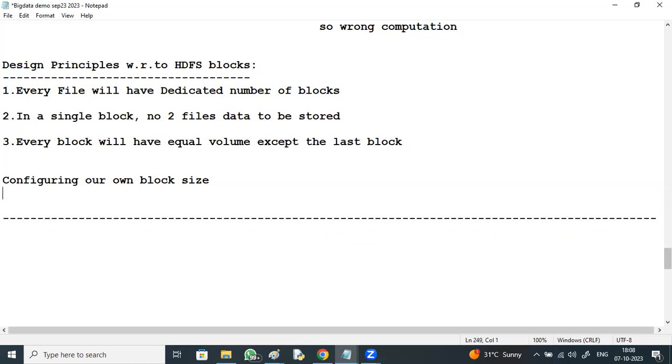For that, go to the Hadoop installed folder, then etc, then within the conf folder, hdfs-site.xml.